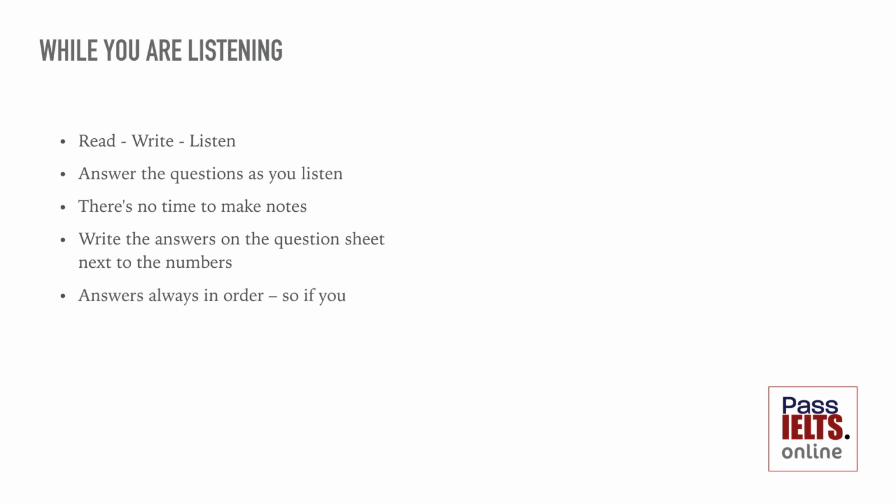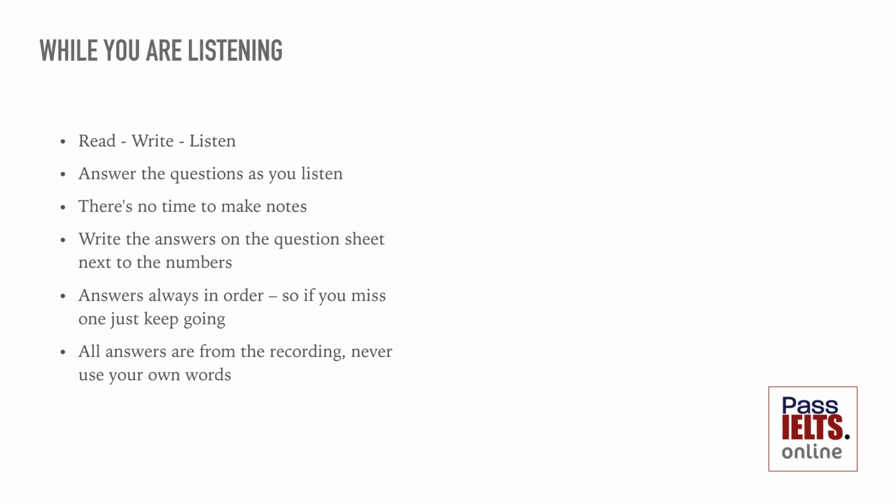The answers are always in order, so if you miss one, just keep going. All the answers are from the recording, so never use your own words. It's important to keep up. Use signpost words such as now, after, firstly, underlined words that you had from your preparation and your predictions.